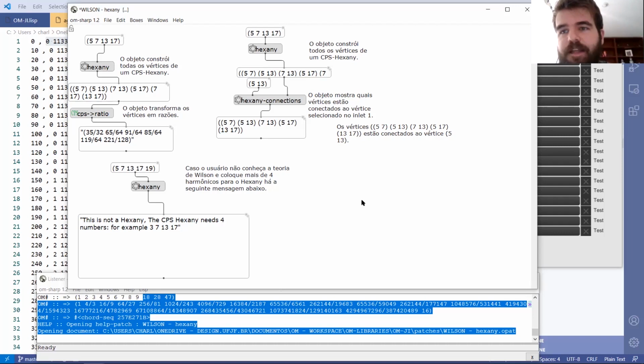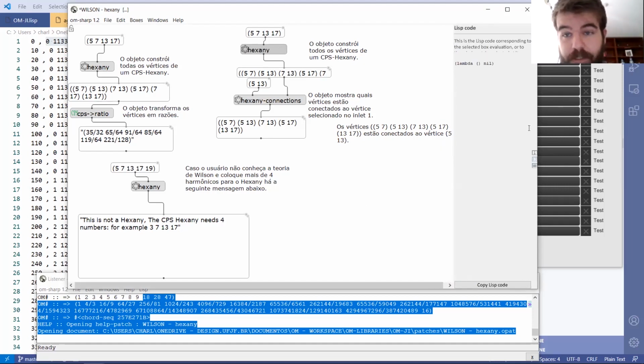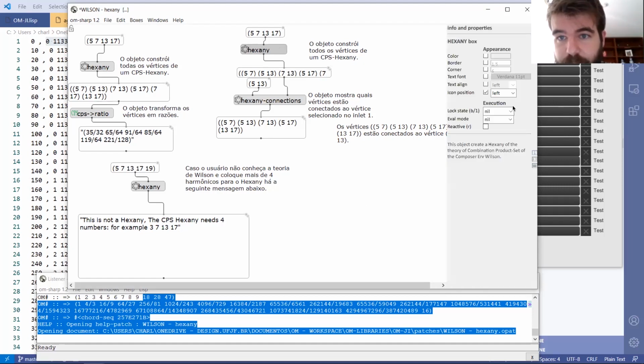Yeah, it's a theory that works with geometrical things. So the hexany, here the icon of this object is the structure of one hexany. Sorry, one hexany.